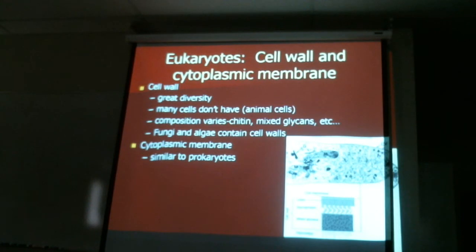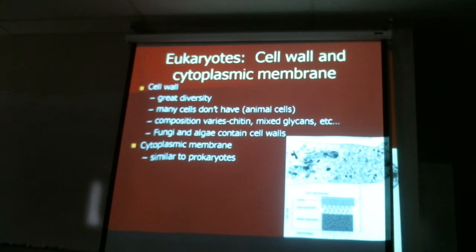Fungi and algae. Even a fungus that produces penicillin, that's still against that peptidoglycan layer. Since their cell wall is so different, it's not going to do anything wrong. So it's specifically targeted towards that prokaryotic peptidoglycan. Now, as far as the cytoplasmic membrane, that's the same cytoplasmic membrane that you learned in A&P.